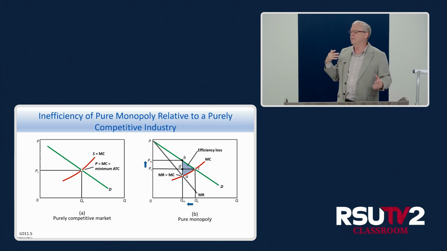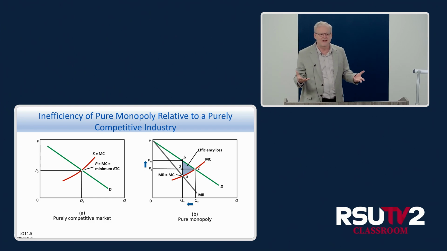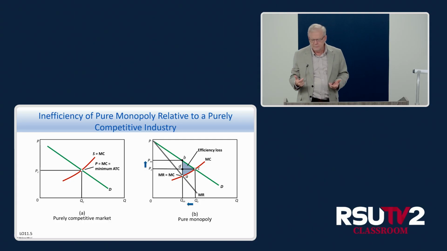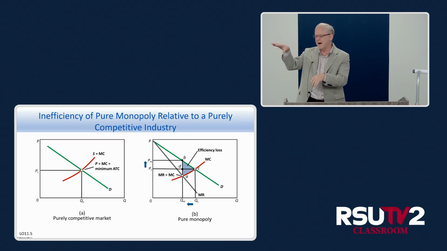That means we're allocating resources across the economy in the way that we should. If price equals marginal cost, that means the last unit sold was sold at a price equal to what it cost to produce. So someone values that last unit at the same price as the cost it took to make it.